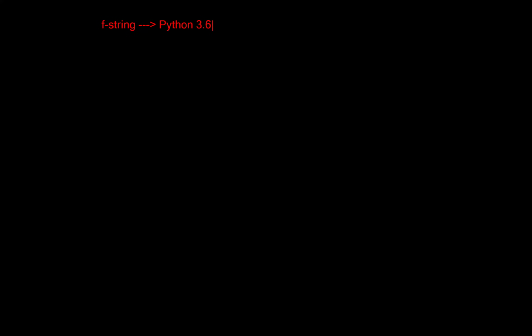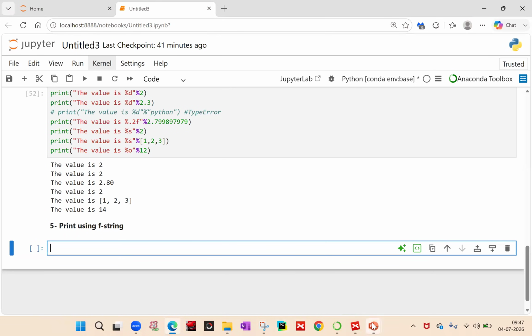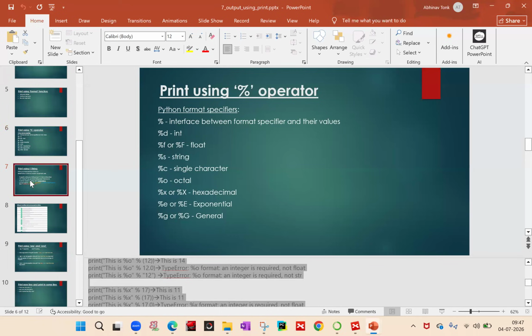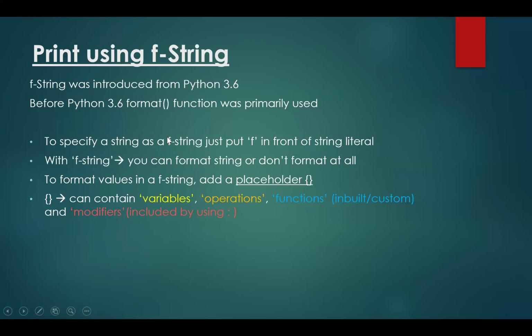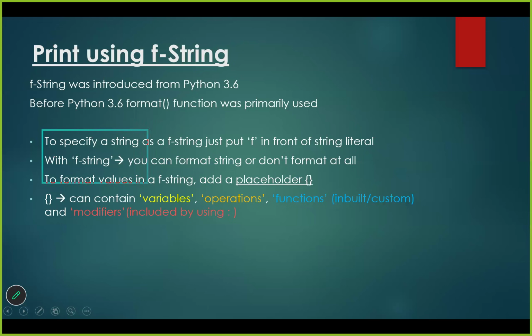Now, to specify a string as an f-string, just put f in front of the literal. I'll go through this slide only, it will be much clearer. So to specify a string as an f-string, just put f in front of that string literal.